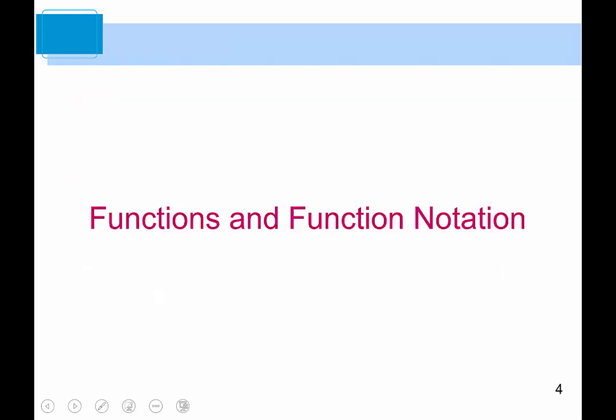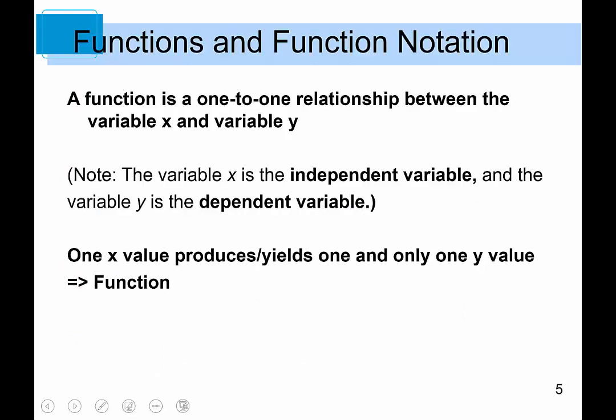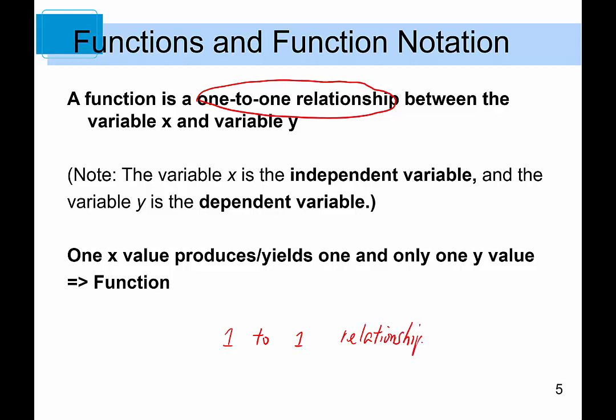First of all, let's take a look at functions and function notation. A function is a one-to-one relationship, so that's a key feature of the function. It's a one-to-one relationship between the variable x and variable y.